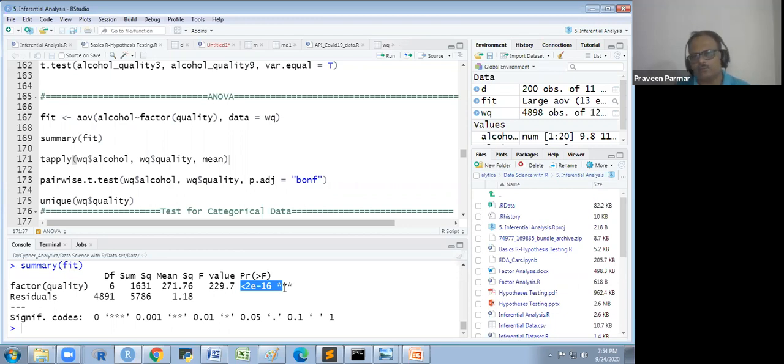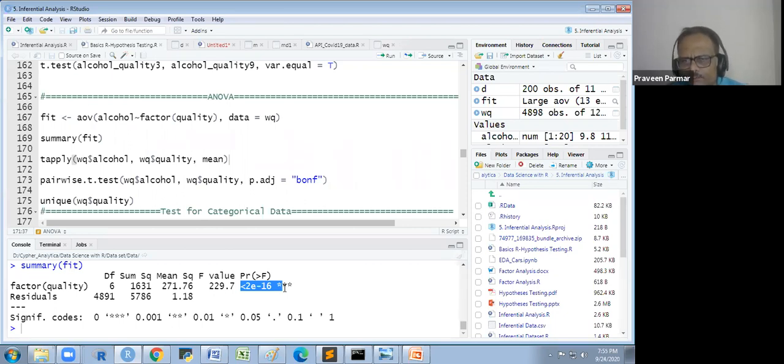But I don't know whether quality 3 and 4 have a significant difference, or 4 and 5, or 3 and 5. If any one group has this significant difference, then ANOVA says there is a significant difference. Only one group.